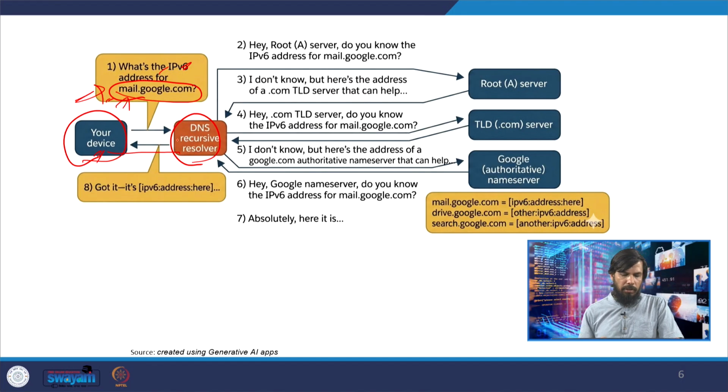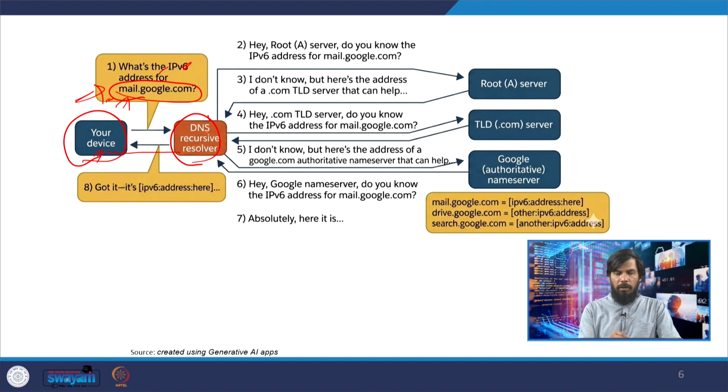But let us say the DNS resolver machine is also new, or somehow the mapping is not there for that particular website, then this DNS resolver will track down the IP address for mail.google.com, and how will it do that?